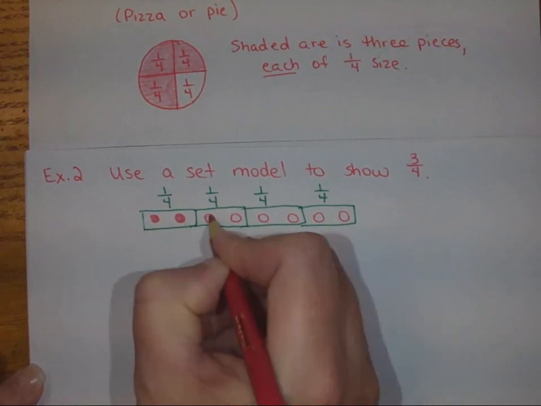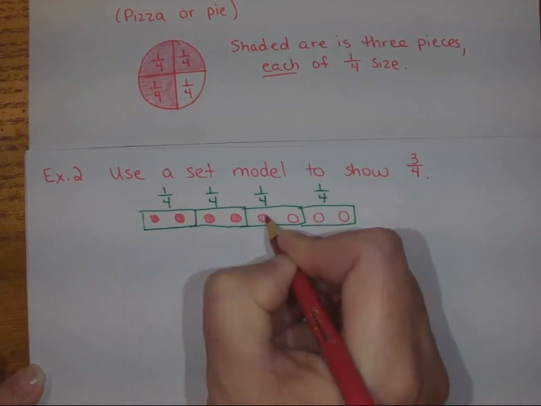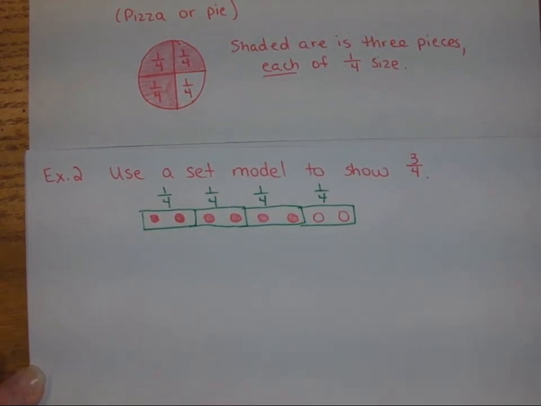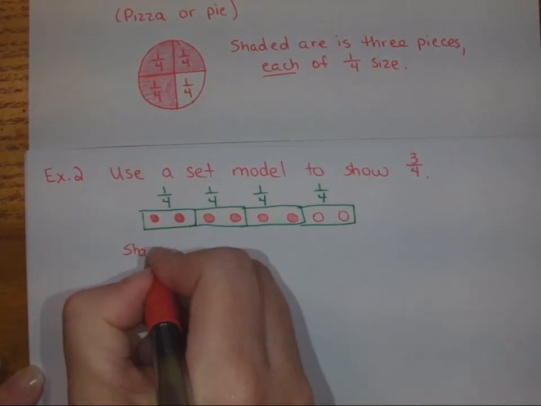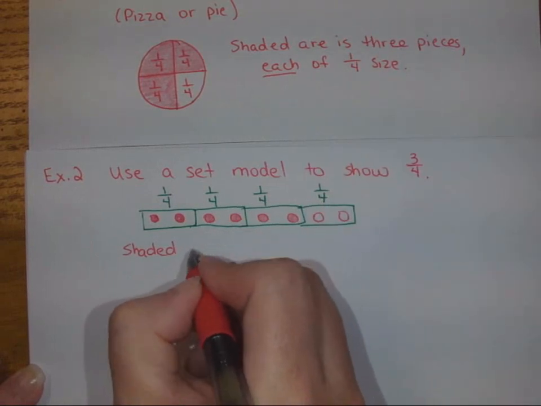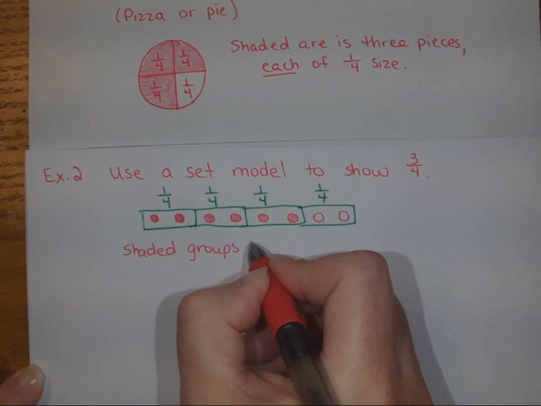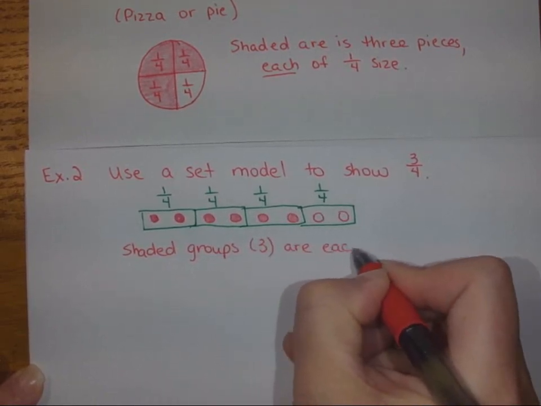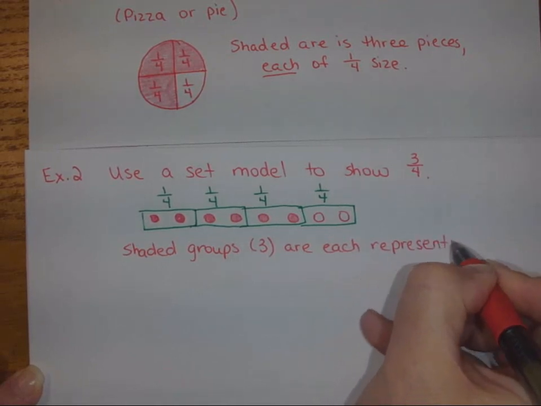Here's 1/4, right? Here's the 2nd fourth, and here's the 3rd fourth. Okay, so again, we're going to say that the shaded groups, there are 3 of them, are each representing 1/4 of the whole.